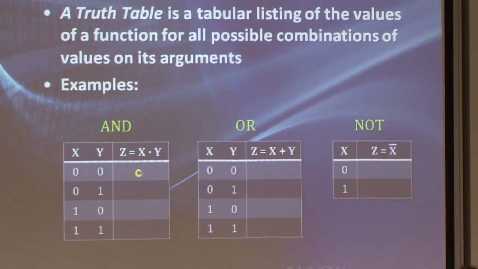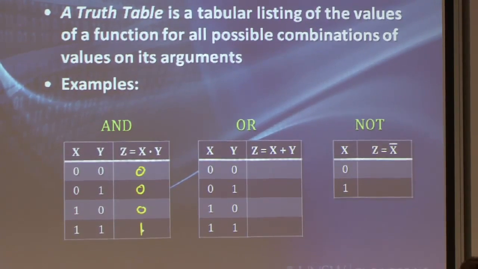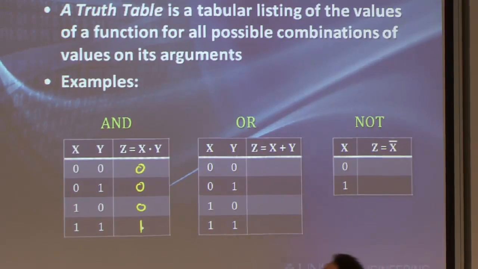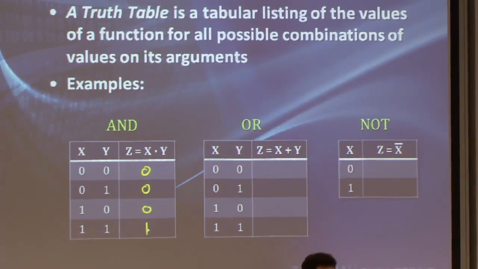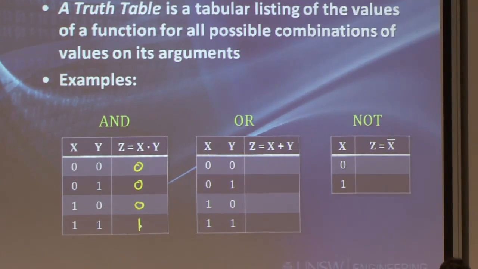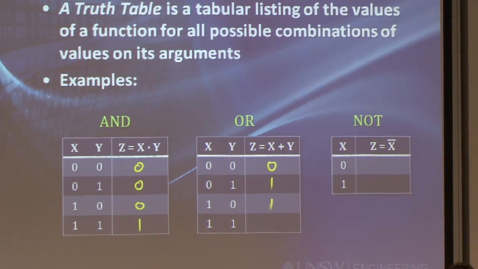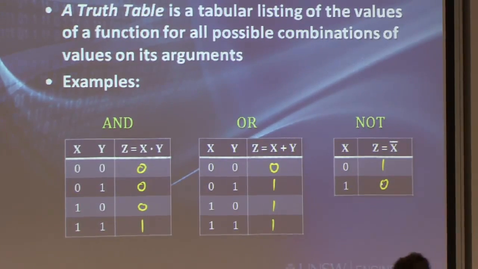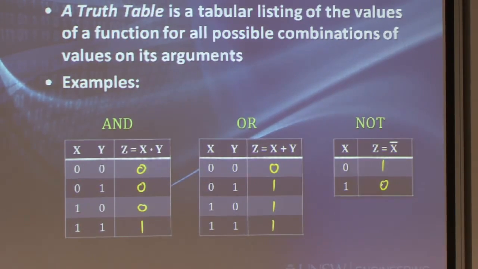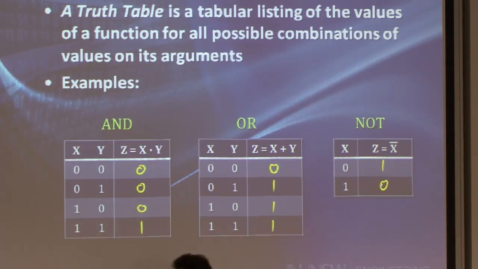So the AND operation, just from what we've seen before, if we have at least one 0, we'll end up with a 0. We have both 1 being a 1. The OR operation, if at least one of them is a 1, we'll get a 1. And the NOT operation as before.